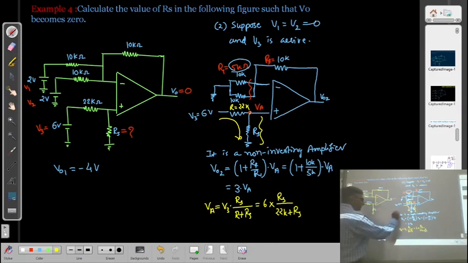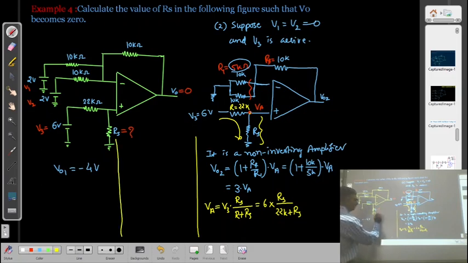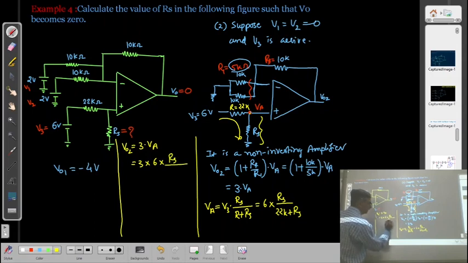So now the output voltage VO2 is equal to 3 into VA, that is 3 into 6 RS divided by 22K plus RS, and that is 18 into RS divided by 22K plus RS.